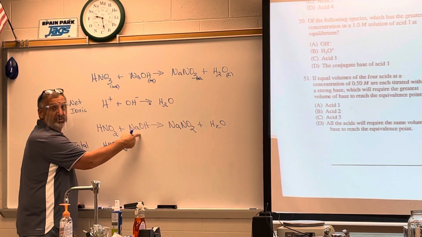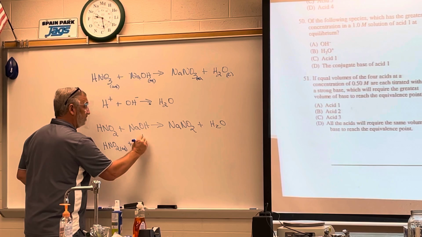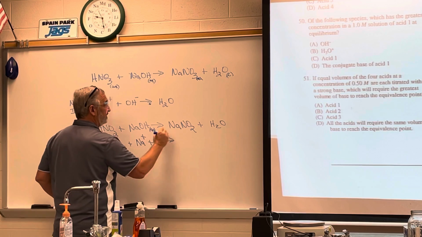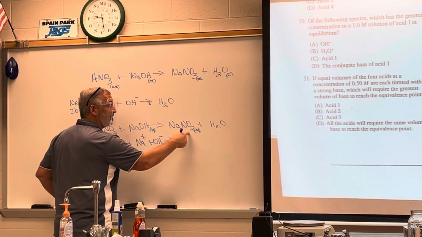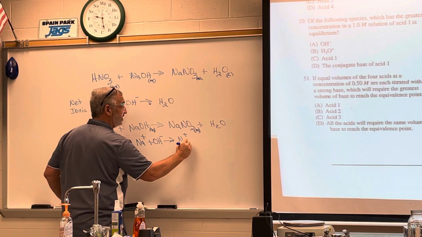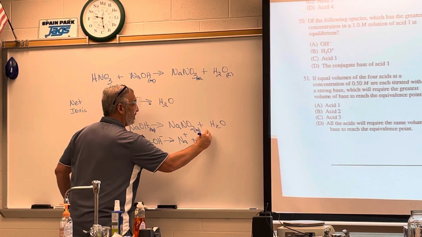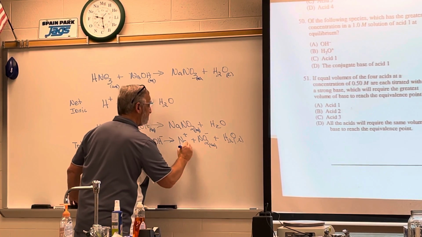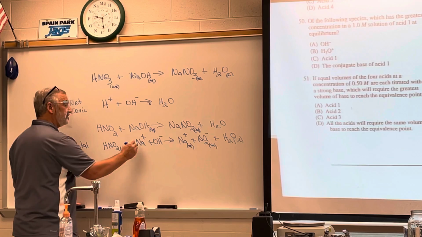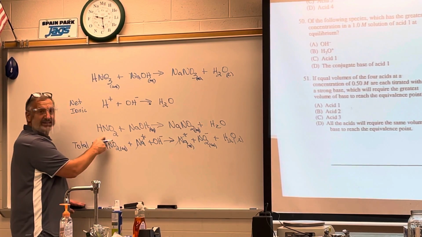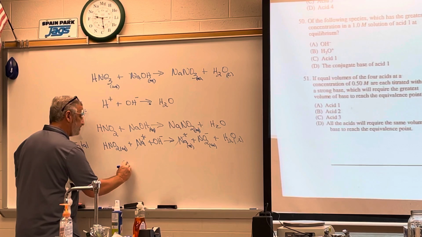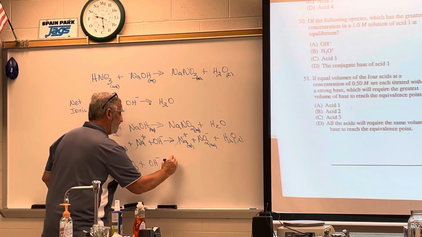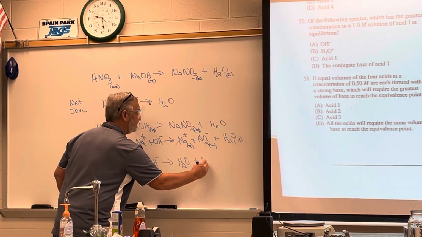This is the ionic strong base, so it's completely broken apart. This is aqueous, so it's the alkaline metal, broken apart into Na plus and NO2 minus. And then water always stays together. So what's my only spectator? Sodium. So when you have a weak acid, it's going to be HNO2 plus OH minus goes to H2O plus the NO2 minus.